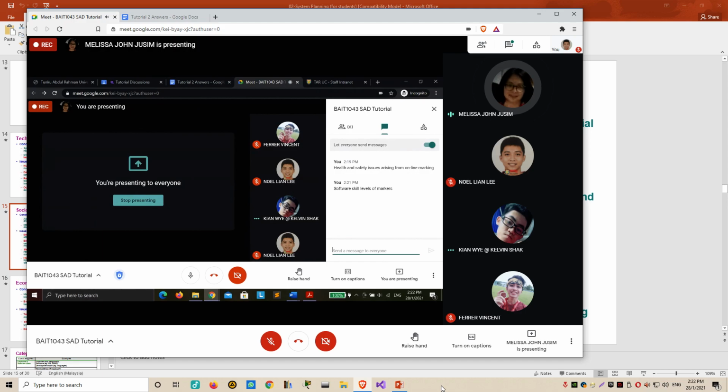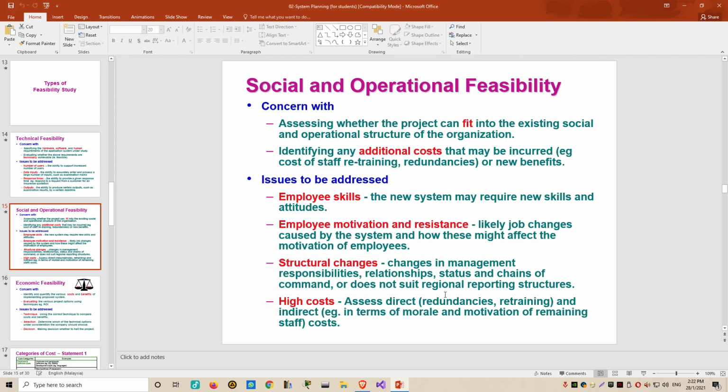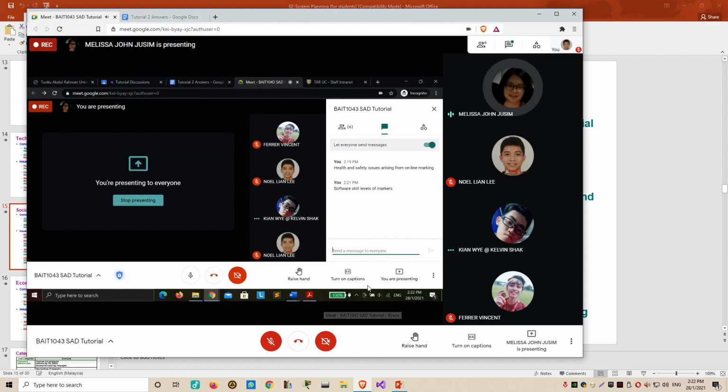They want to solve this problem, but before they can proceed, they need to know, is it technically feasible? Is it operationally feasible? How about my markers? Will they be able to get used to the online marking as soon as possible? So from the online marking, it's the health and safety issues of the online markers as well as the software skill levels. Okay, so you put these two into the answer, Kelvin.